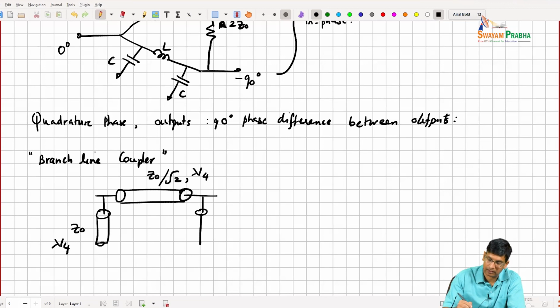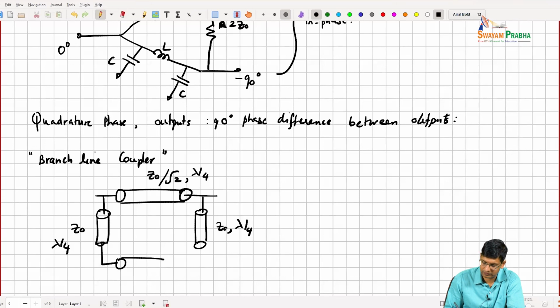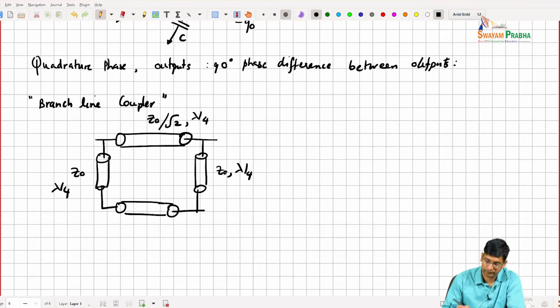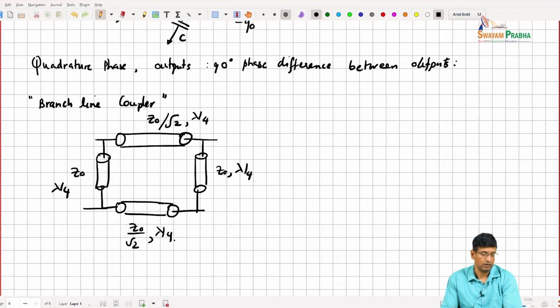This is another arm which is similar to the other one, and then a final arm which is Z naught over square root 2, lambda over 4, right?